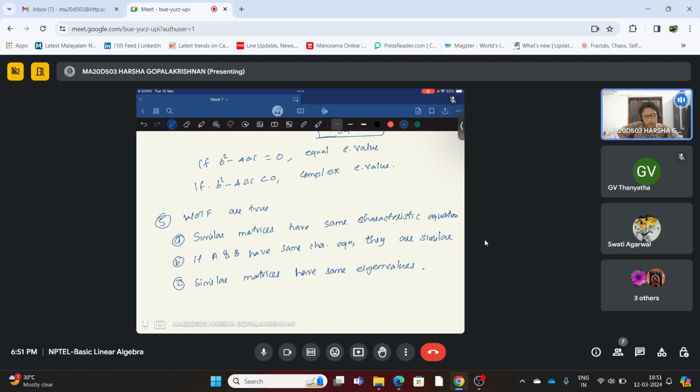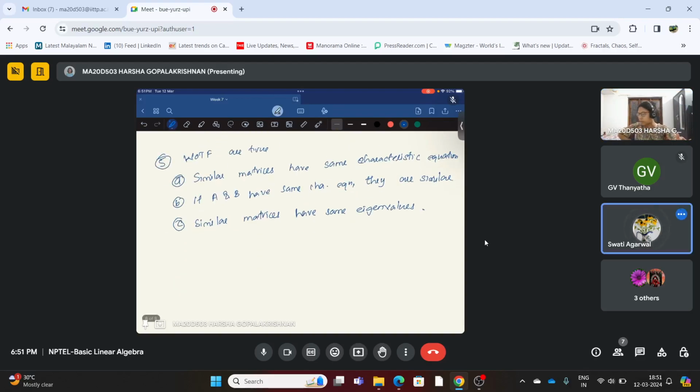Okay, so can anyone say about the first one? Yes, they have the same characteristic equation. Okay, can you give the explanation also? If the matrices are similar.